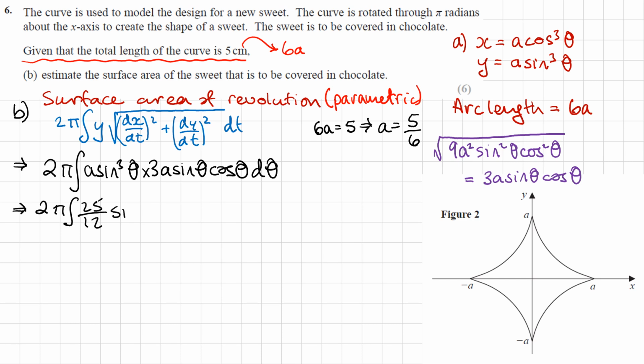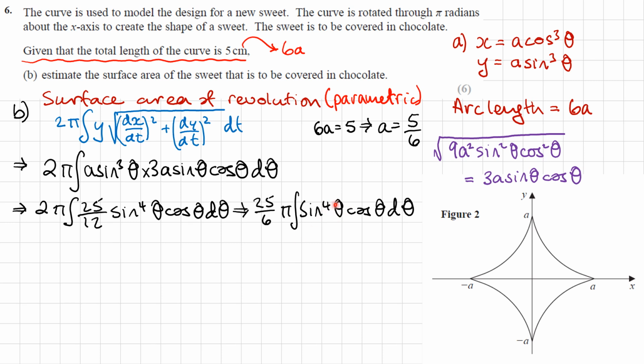And then we'll have sine to the power 4 theta cos theta d theta. Right, let's move the 25 over 12 across, so we'll times it by 2, and that gives us 25 over 6 pi, and then this integral of sine to the power 4 theta cos theta d theta.